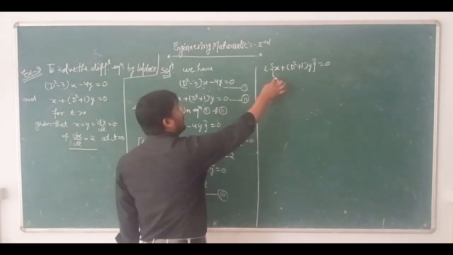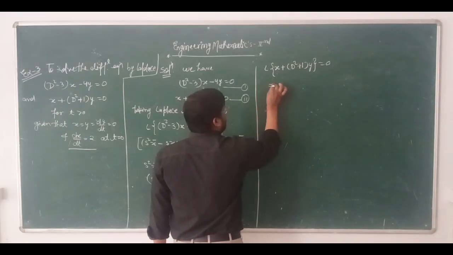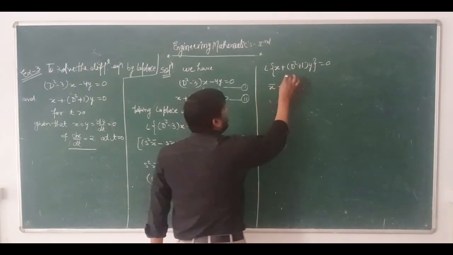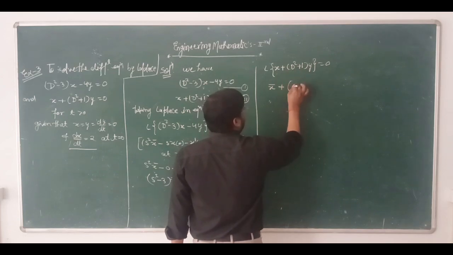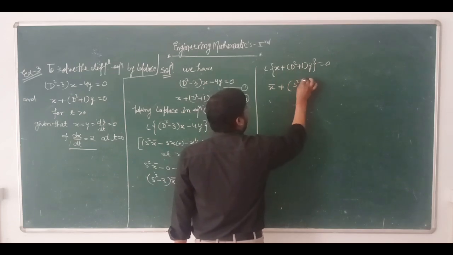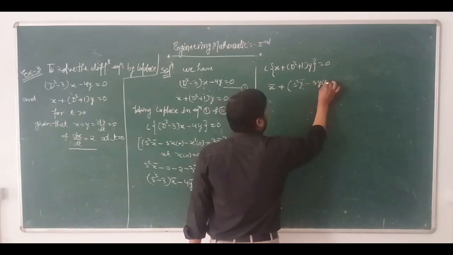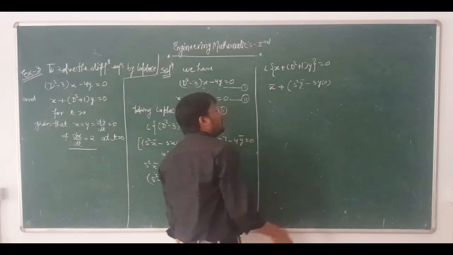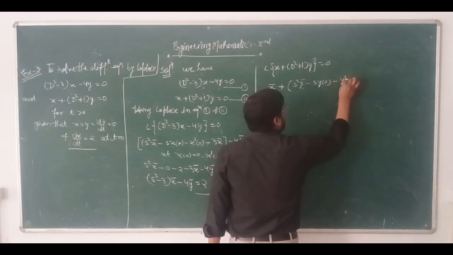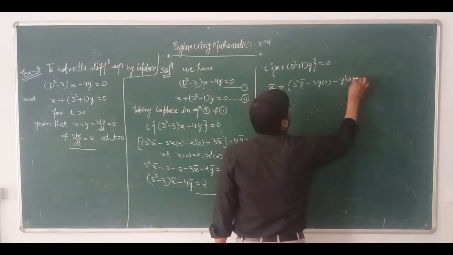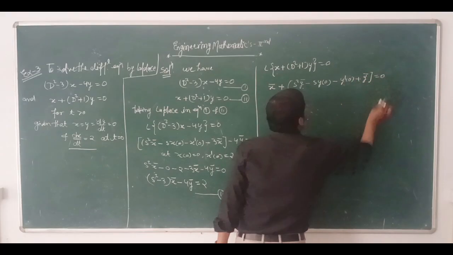Now you take the Laplace of this. Laplace of x plus the Laplace of this function means s square Laplace of y minus s y(0) minus y dash(0), plus Laplace of y is equal to 0.